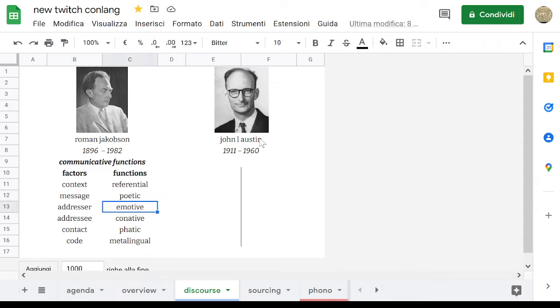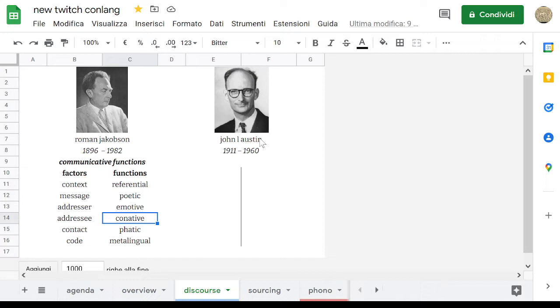Emotive, so the emotive function, it relates most to the sender or the addresser. So these are things like interjections, like whoa, or ouch. A lot of interjections have an emotive function linguistically. They're just purely there to get the addresser's emotions across. Then there is the conative function.